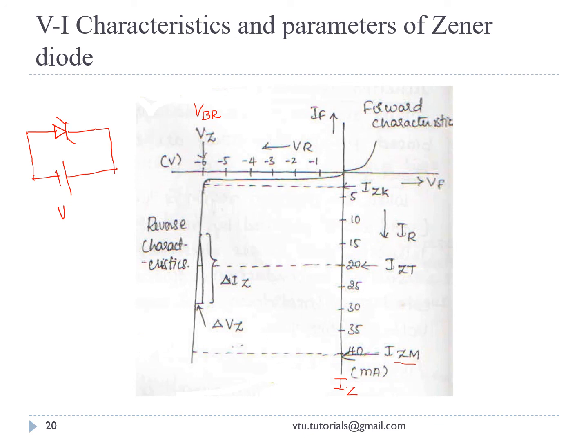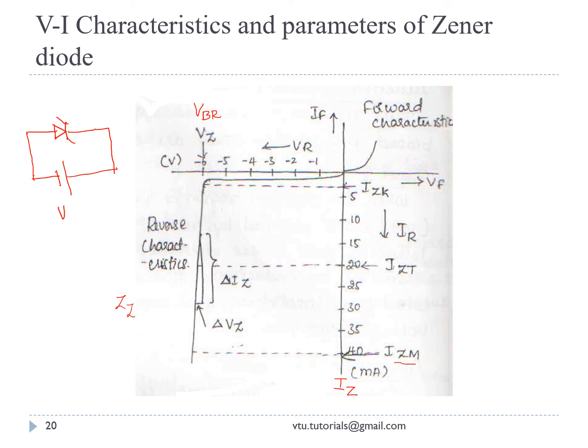So these are some of the parameters. In this region, whenever we have to maintain the current, there should be a resistance. The slope of this reverse bias region will give the Zener dynamic impedance ZZ.